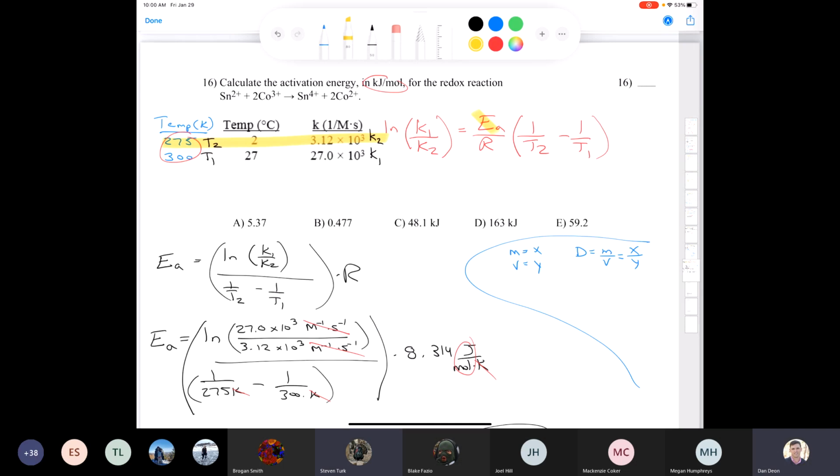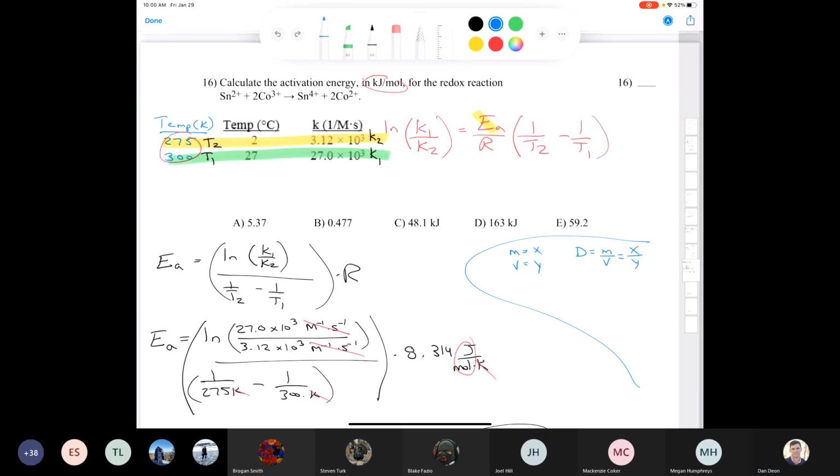The same order? I know that they have to be 2 and 2, but like K1 over K2, then you have to take 1 away from 2 instead of 2 away from 1, right? Oh, you mean if you swap these in the formula? If you had K2 over K1, it would be 1 over T1 minus 1 over T2? Yeah. Yeah, absolutely.